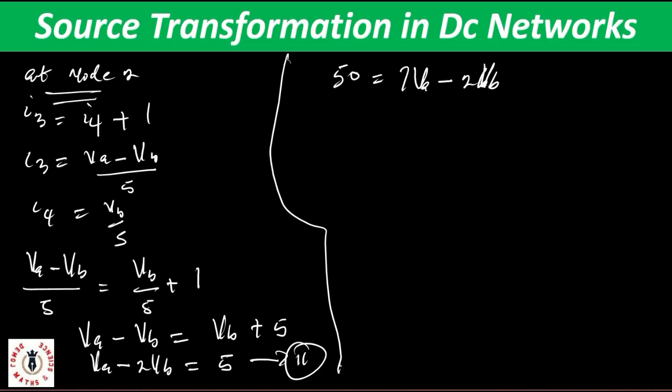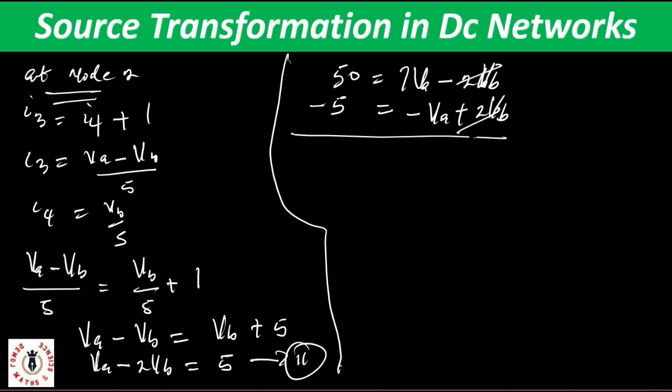And for equation 2, I have VA minus 2VB is equal to 5. Let's multiply equation 2 by minus 1 to subtract it from equation 1. This becomes minus 5 is equal to minus VA plus 2VB. Then we can add them together.